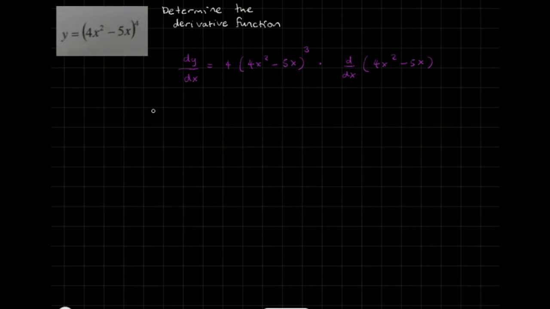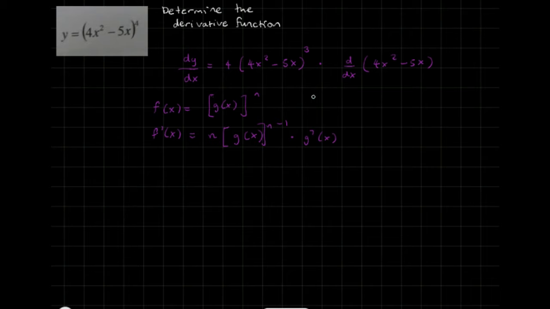Recall that we use chain rule if f of x is equal to g of x to the power of n. Right, so f prime of x, or dy over dx, is basically n times g of x to the n minus 1, and then we have to do the derivative of the inside, so g prime of x. So that's basically chain rule.